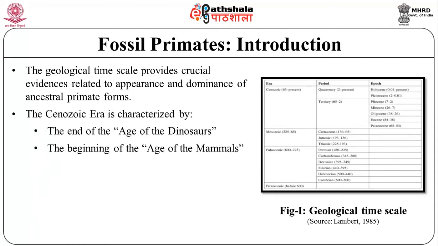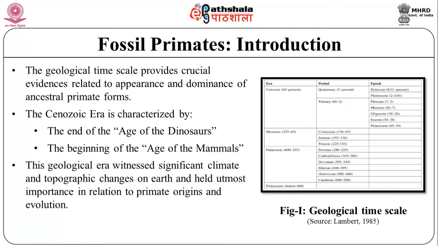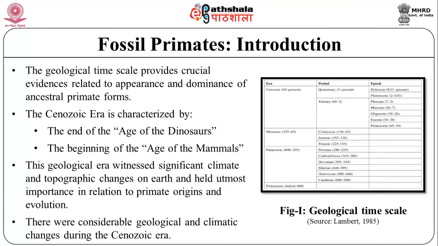The Cenozoic era is characterized by the end of the age of dinosaurs and the beginning of the age of mammals. This geological era witnessed significant climate and topographic changes on Earth and held utmost importance in relation to primate origins and evolution.